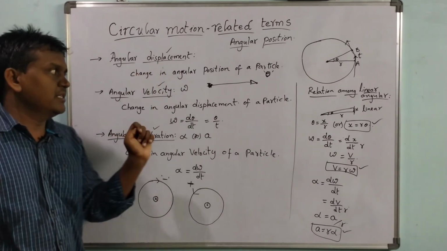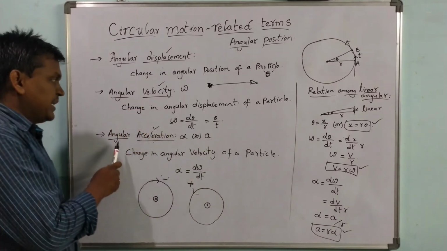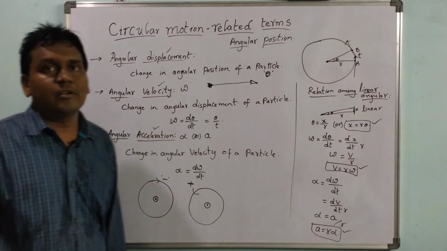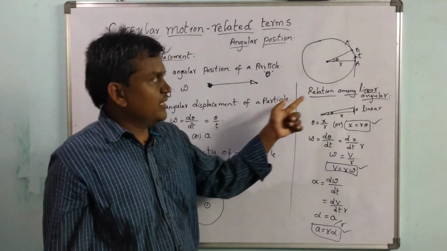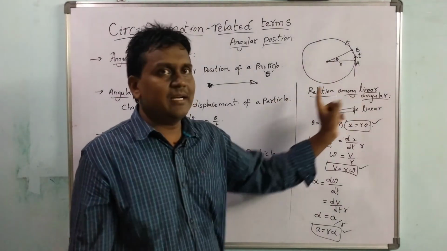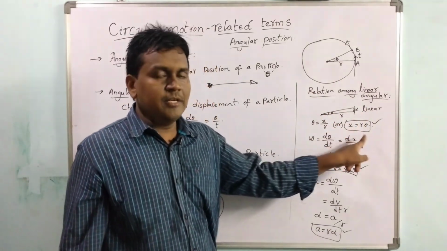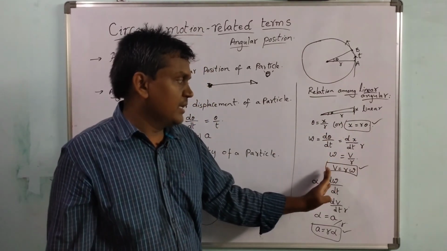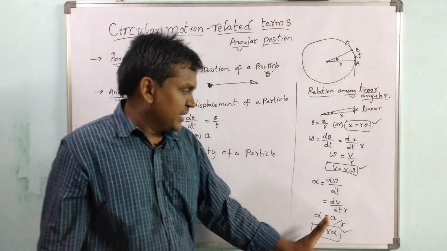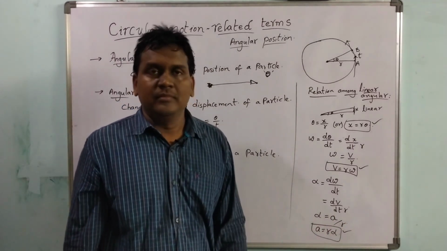Change in angular displacement is called angular velocity, and change in angular velocity is called angular acceleration. Here we have seen the relations among linear and angular variables: this is the relation between linear and angular displacement, this is the relation between linear and angular velocity, and this is the relation between linear and angular acceleration. Thank you.